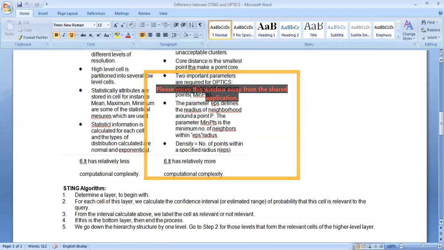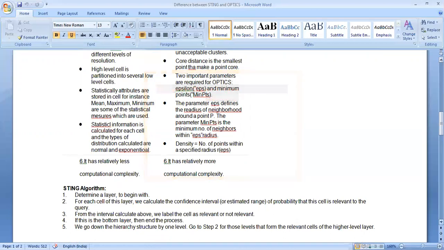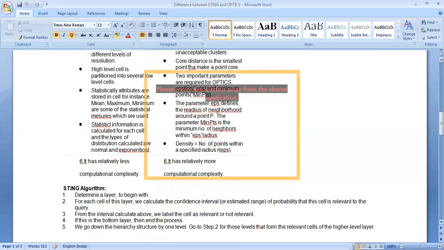In the STING algorithm, we start with the bottom layer. For each cell of this layer, we calculate the confidence interval, or the probability, that this cell is relevant to the query. From this calculation we label the cell as relevant or not relevant. If this is the bottom layer, then end the process.